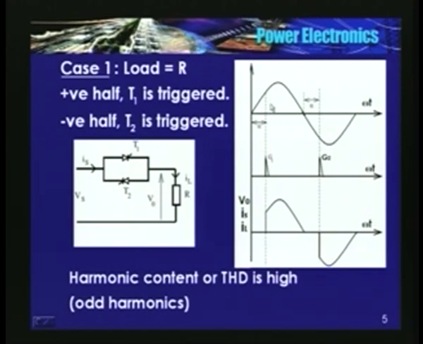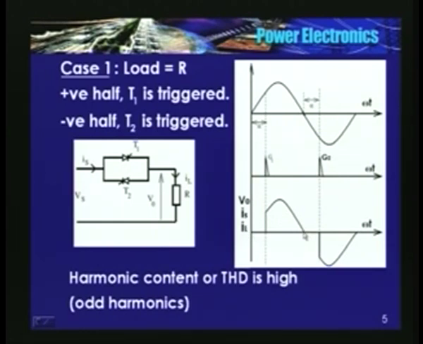Load is purely resistive. Current and voltage are in phase. So the waveform of source current, which is equal to the load current, is same as V0 itself. So input voltage becomes 0 at omega t equal to pi. At that instant even V0 becomes 0, Is also becomes 0, the load current also will become 0.